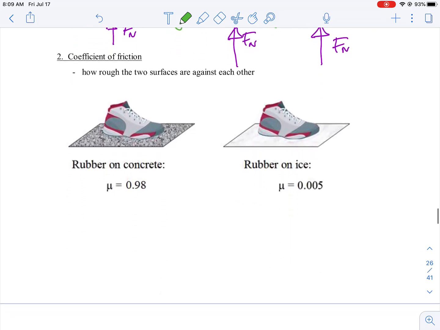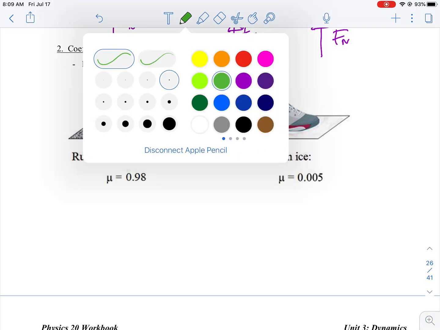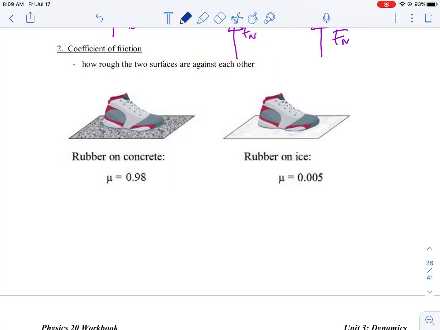Now the other one is actually based on what we call the coefficient of friction. Similarly, Ff is directly proportional to this thing called mu, the coefficient. Now it's called a coefficient because it has no units whatsoever. It's just a number. And it tells you how rough the two surfaces are against each other.